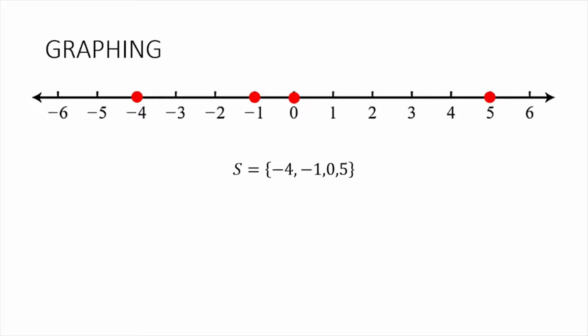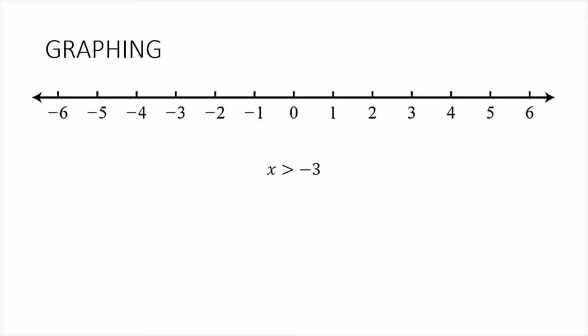Okay. Next, let's say we have the set of all x values greater than -3. Okay, so from the number line here, we start at -3, but in this case, -3 is not included because there's no equal sign, right? So we start at -3, excluding -3. So we draw an open circle, if you will.